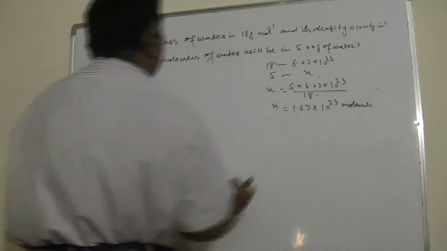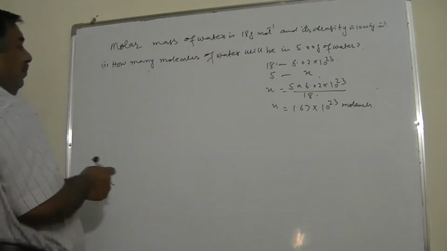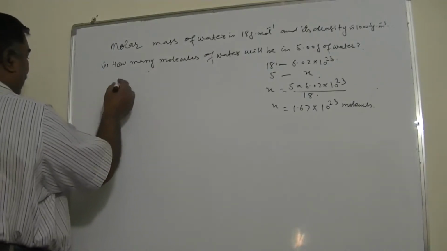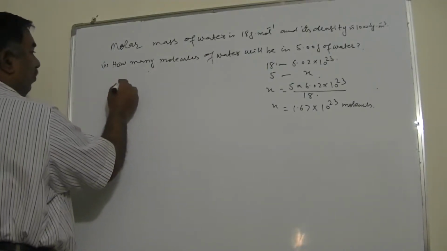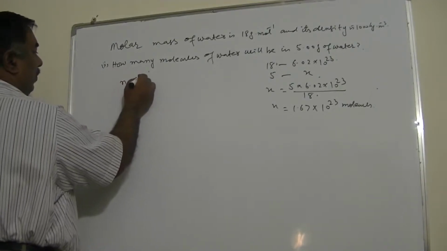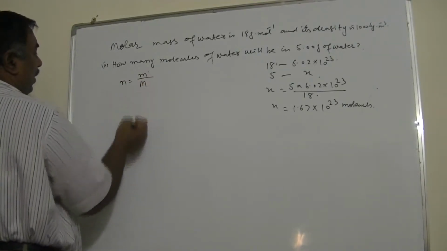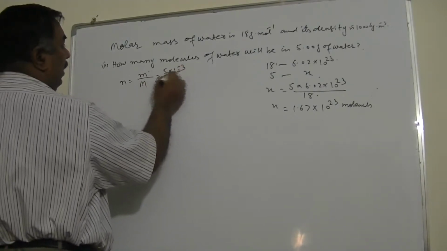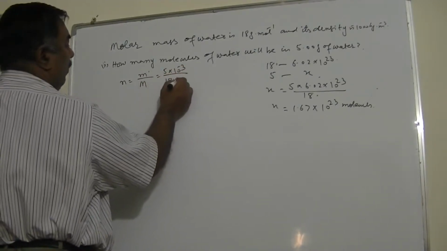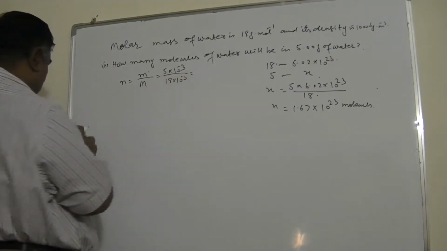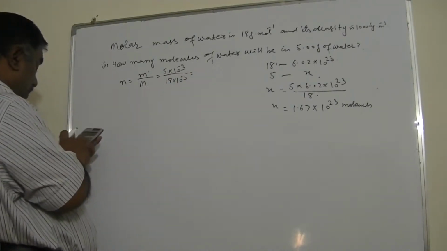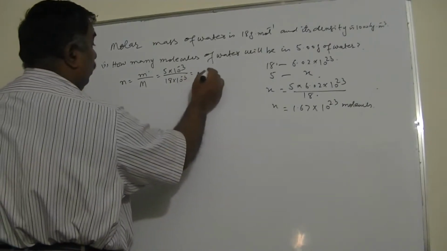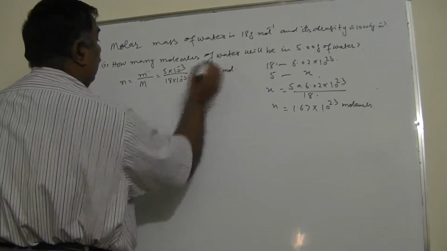Another method is, now I will use the equations. First I find the number of moles: given mass divided by molar mass. It is 5 into 10 power minus 3 divided by 18 into 10 power minus 3, and the answer comes out to be 0.278 moles.